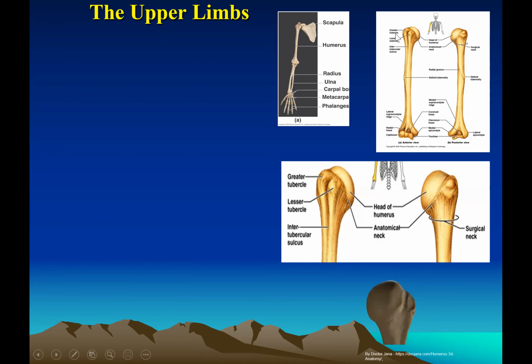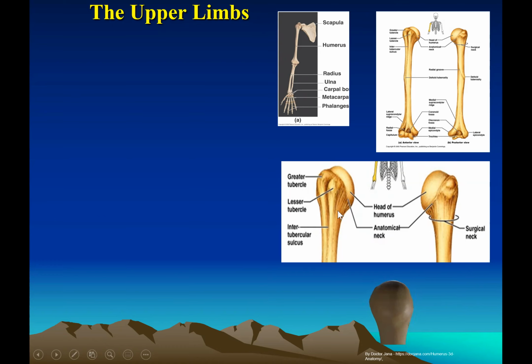This is the proximal epiphysis region, this is the shaft, and this is the distal epiphysis region. In the proximal epiphysis region, you can see the greater tubercle and the lesser tubercle, separated by a groove called the intertubercular groove. This is where the tendon of the long head of the biceps will run.